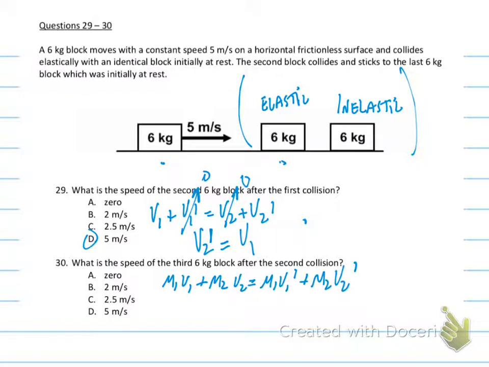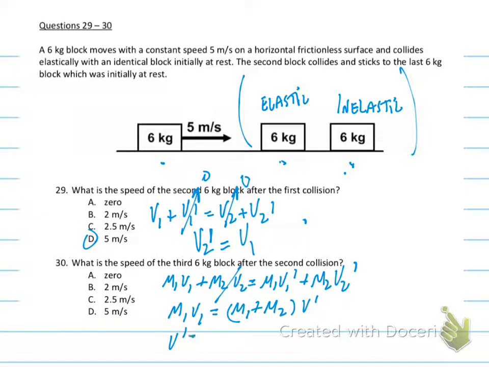Well, initially the second mass, which is the third one in the whole scheme of things, was not moving. And what's going to happen is the two masses are going to combine, because it's an inelastic collision, they're sticking together with a final velocity.